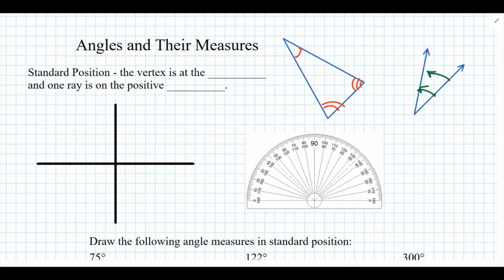When measuring rotation, it is common to consider the behavior of an angle rearranged into standard position. An angle is arranged in standard position when the vertex is at the origin and one ray is on the positive x-axis.